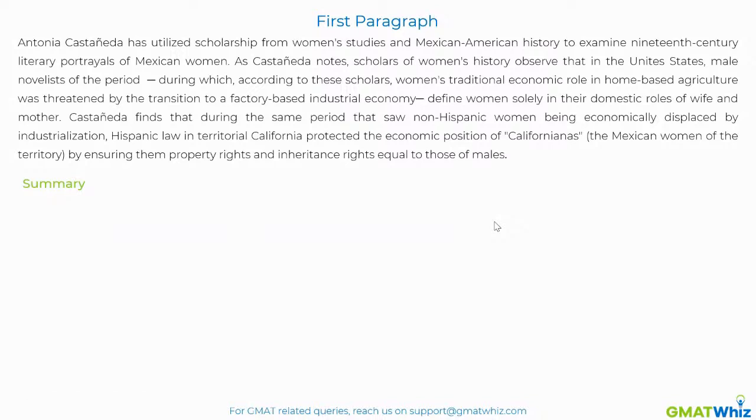Now, the first paragraph, again, if we look at it, has really just 3 sentences. So you have one sentence from here till here. Then you have another sentence which begins from here and actually goes on for a long time till here. And within that sentence, you have this extra information provided here.